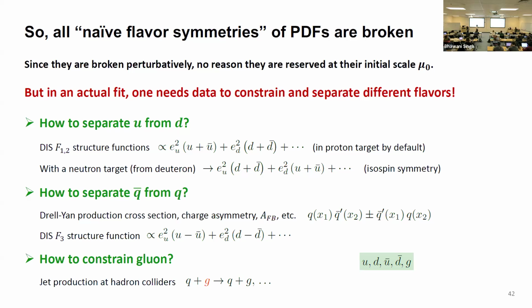And the reason I put quark here is because the quark PDF is greater than the anti-quark PDF. But the gluon PDF is also important, so it contributes to jets. And it turns out that jet production is the major source constraining the gluon PDF. And so now we have up, down, U bar, D bar, and gluon.